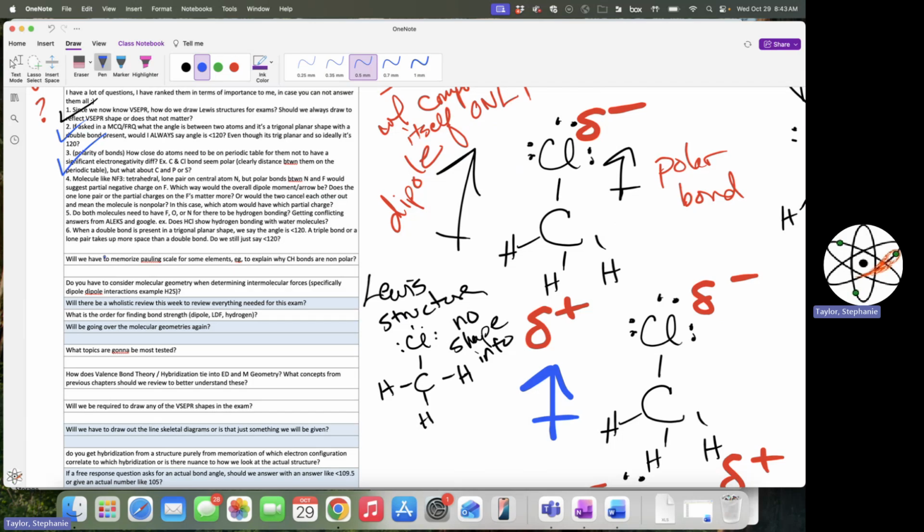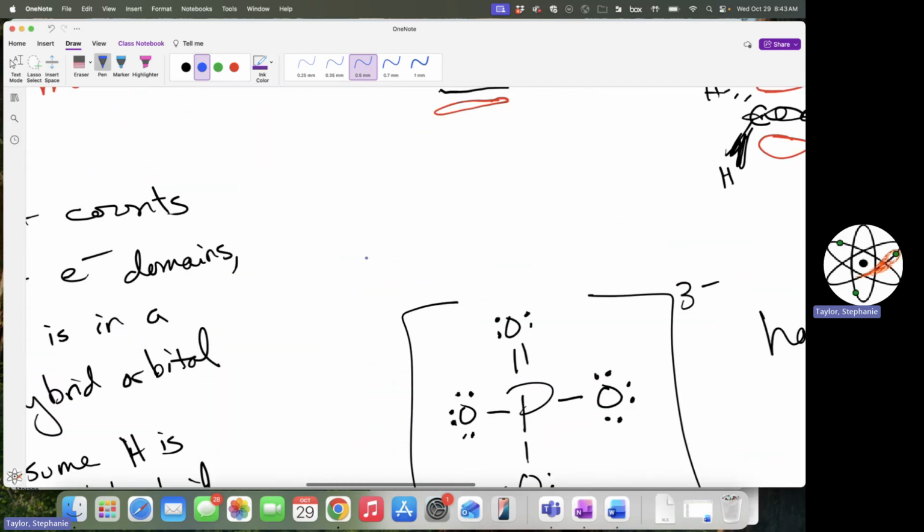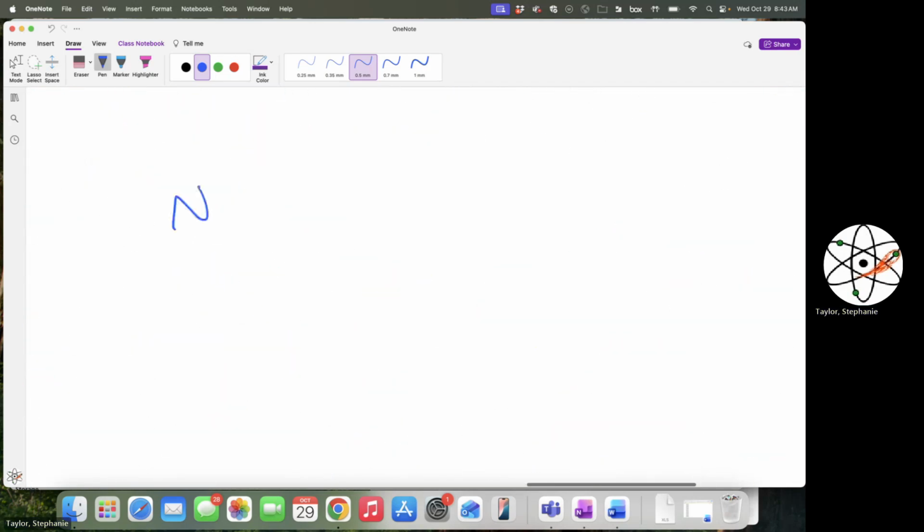This question asks, let me draw this out. It's a valid question. It basically says, hey, if I have nitrogen and fluorines, I know because of the lone pair on nitrogen that this is trigonal pyramidal, so I know that this is polar.